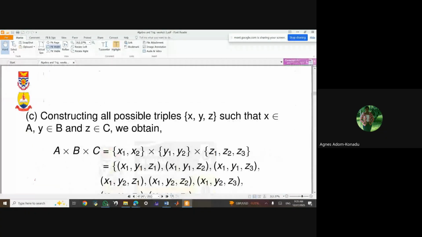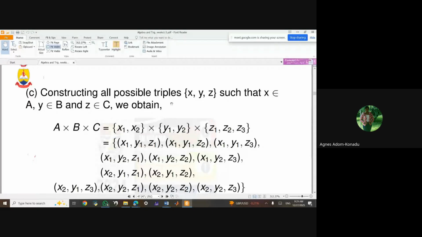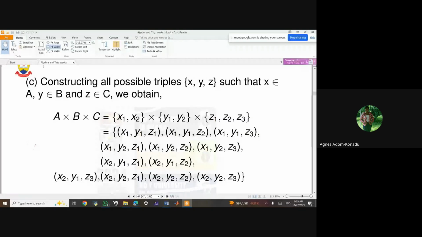Construct all possible triplets (x, y, z) such that x is in A, y is in B, and z is in C. So for this one, you can use the table and you'll be able to get all the outcomes. One, two, three, four, five, six, 7, 8.